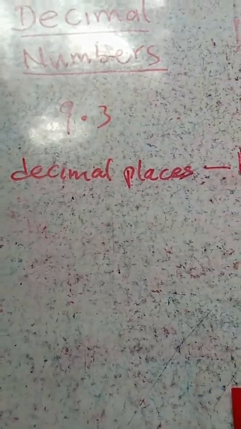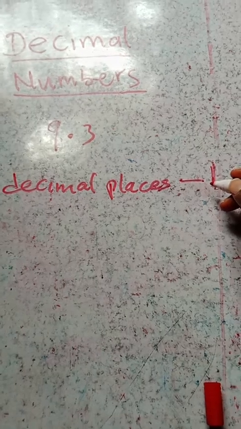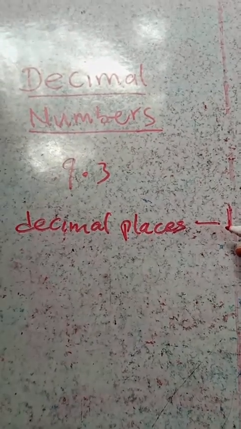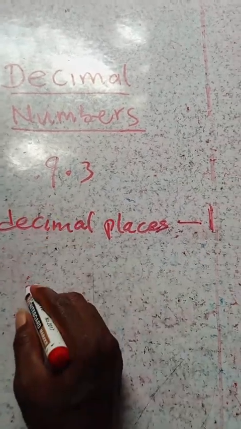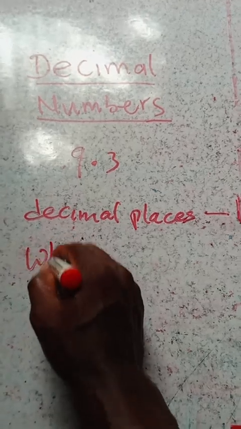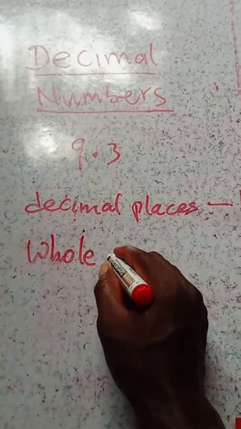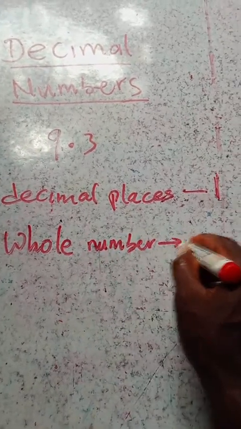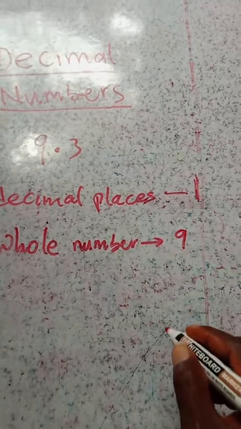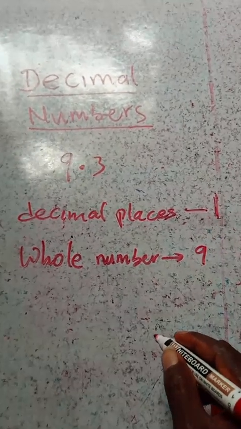So it's one. Are you getting it? But the whole number is 9. The whole number is 9. Are you getting it? So that's how it is.